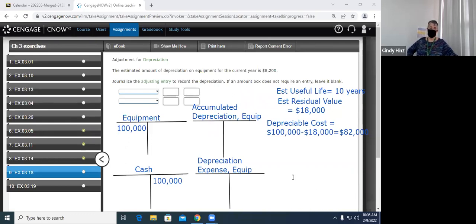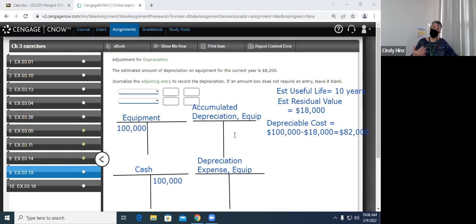And you'll notice that that term depreciable has the same root as depreciation, right? The depreciable cost is the upfront cost minus the part that we think it's going to retain, the $18,000 salvage value or residual value. The $82,000 represents the amount we are going to use up.